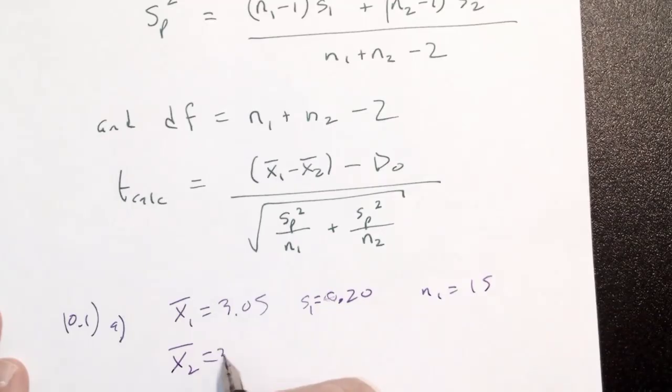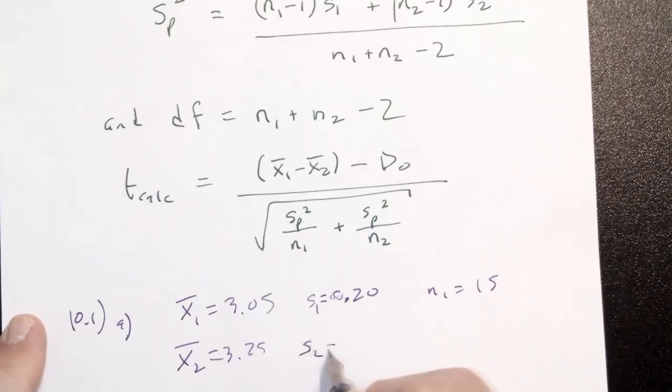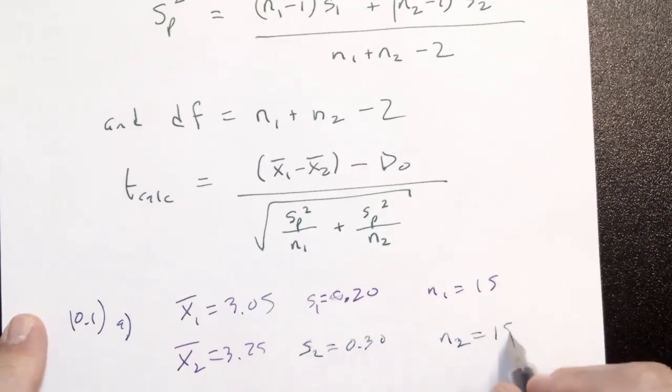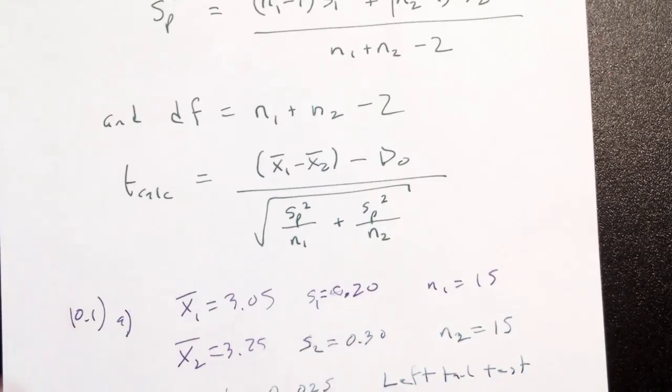X2 bar was 3.25. My standard deviation was 0.30, and there were 15 of these people. Alpha is 0.025, and it says left tail test.